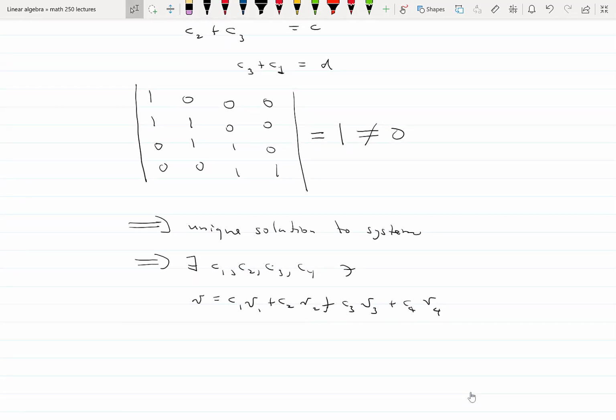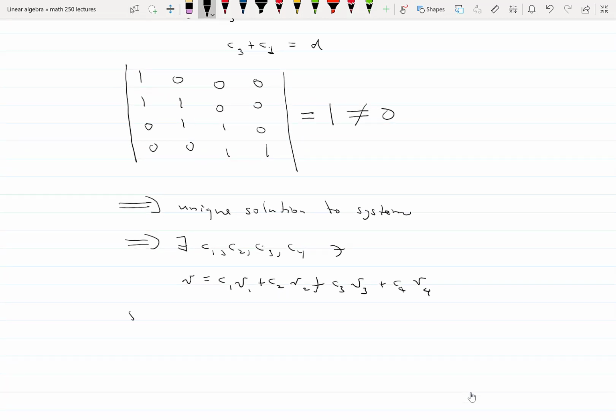That means those four vectors, V1 to V4, span P3. Every vector in P3 is some linear combination of those four vectors.